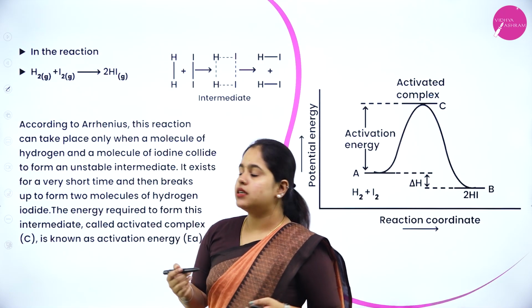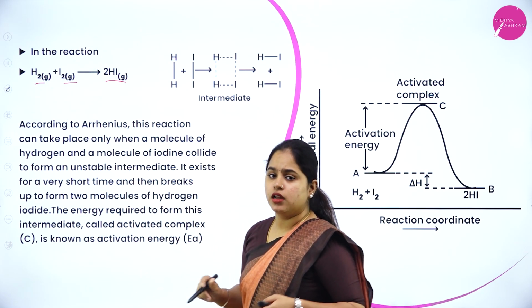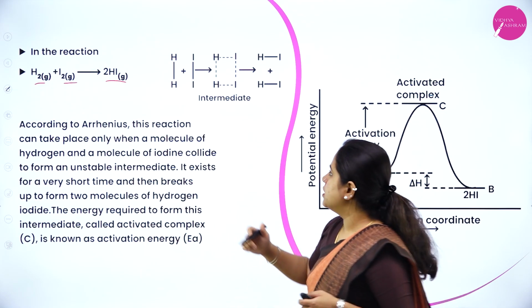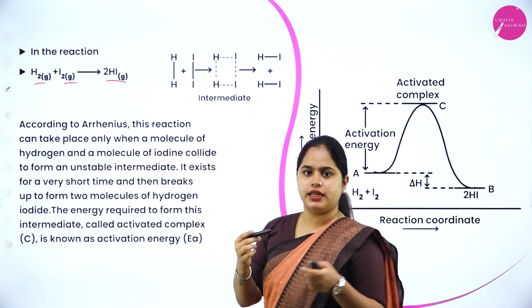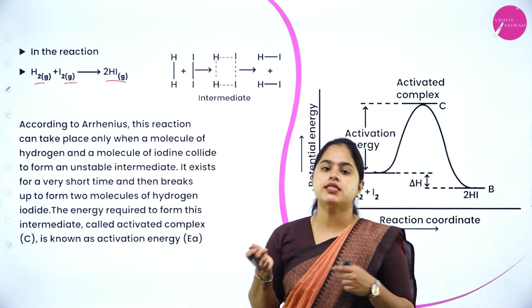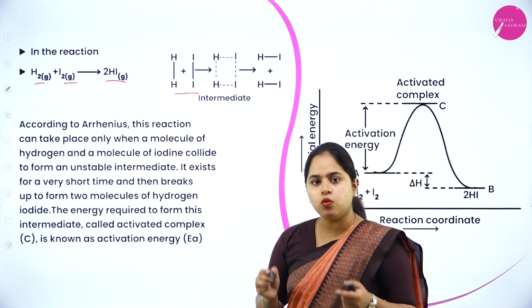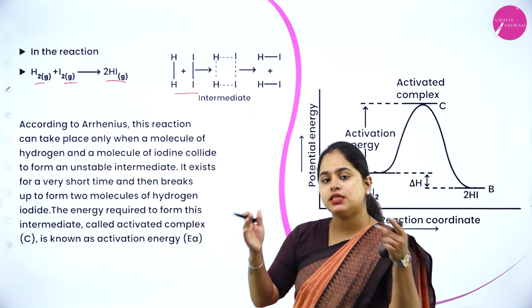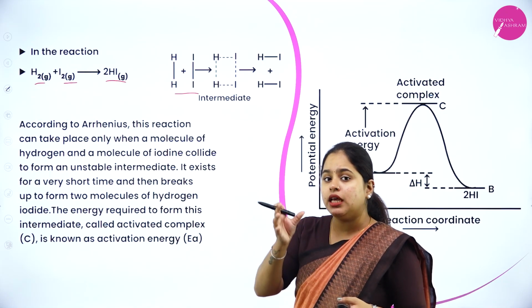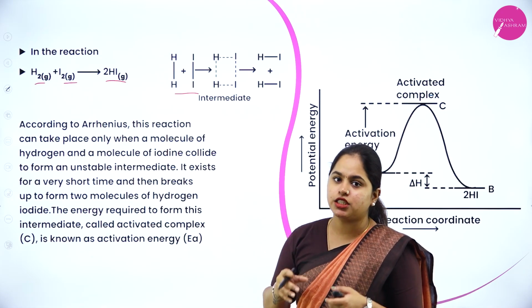Now let's consider the reaction H2 plus I2 giving 2HI. What is actually happening here? H2 is shown here, with a single bond between the two hydrogens, and I2. These are the reactants, H2 and I2. Once they start colliding with each other, they form an intermediate state called the activated complex.